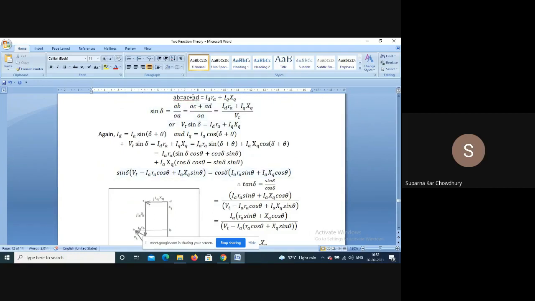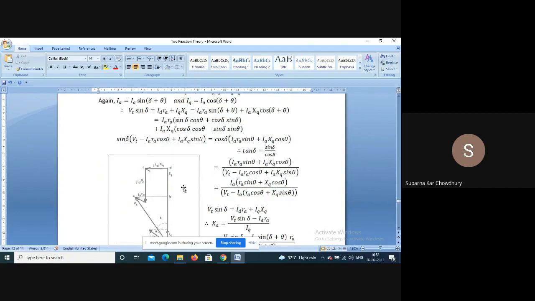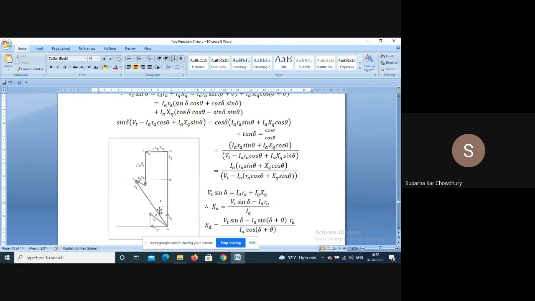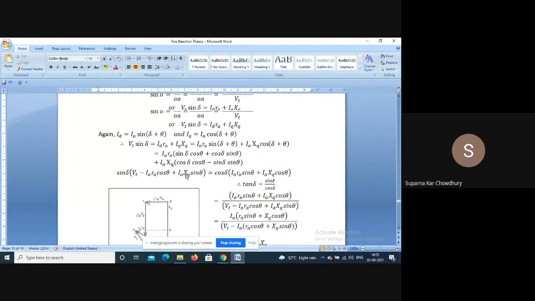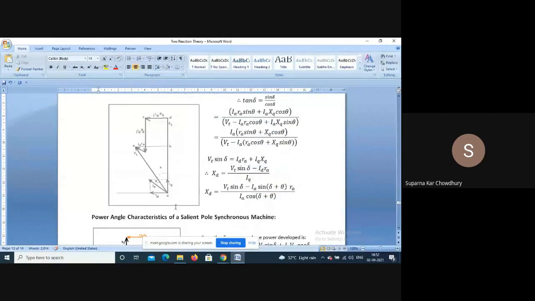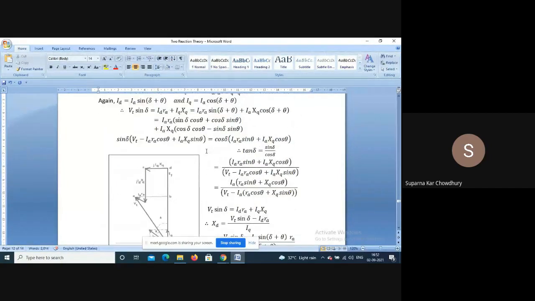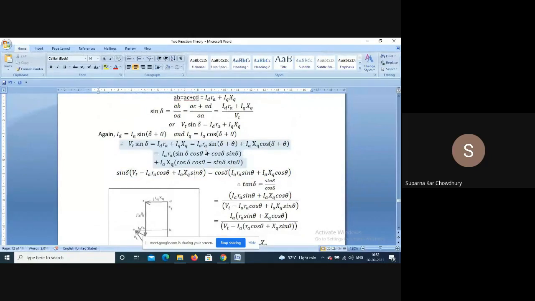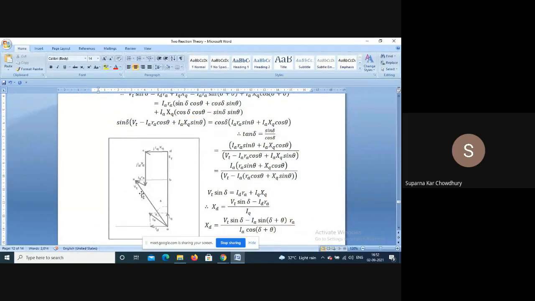So sin delta is equal to AB divided by OA, this one.